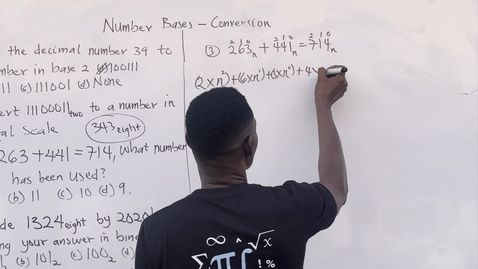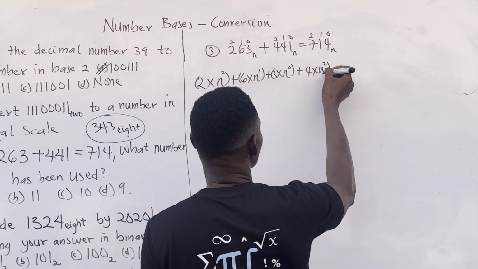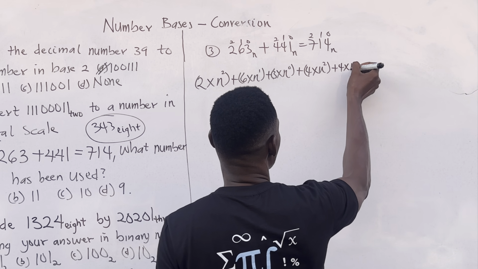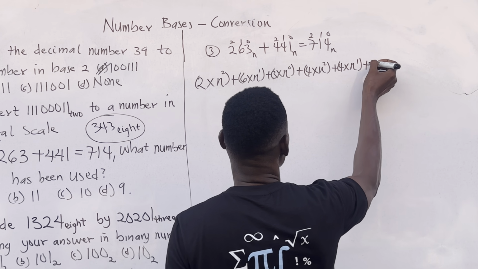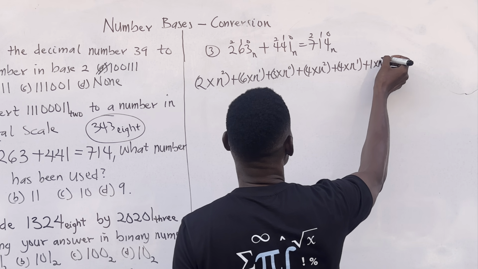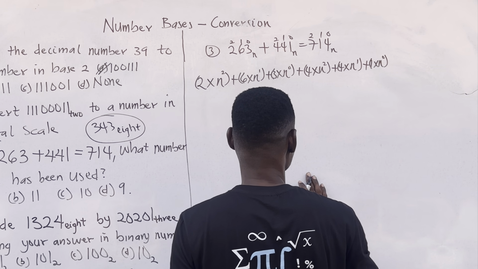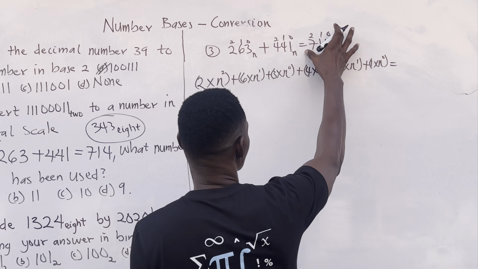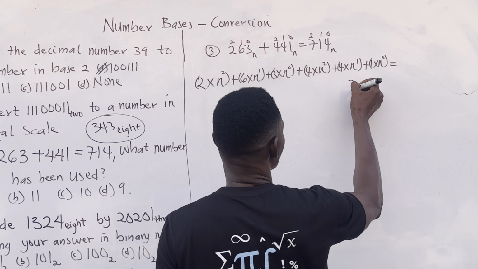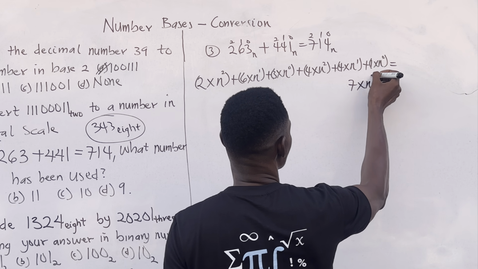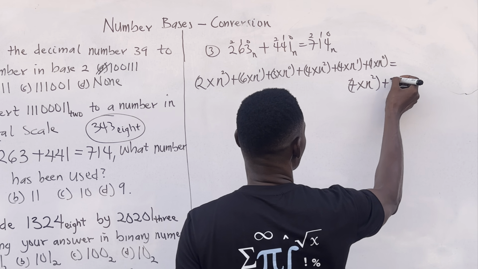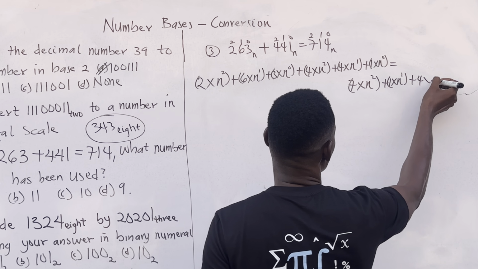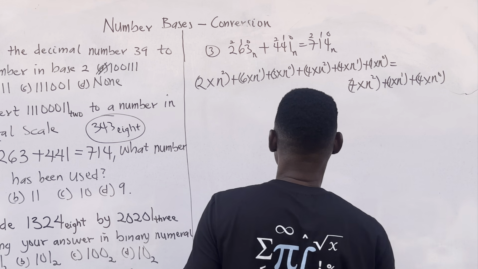So we'll have 4 multiplied by n raised to the power 2, plus 4 again multiplied by n raised to the power 1, plus 1 multiplied by n raised to the power 0. Okay, equal to, let me just bring this one down. We'll have 7 multiplied by n raised to the power 2, plus 1 multiplied by n raised to the power 1, plus 4 multiplied by n raised to the power 0.